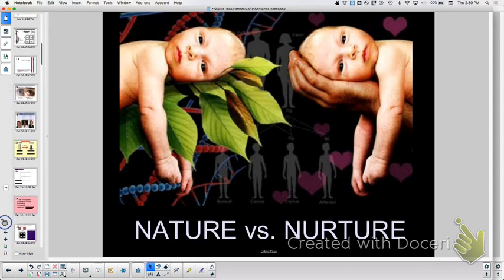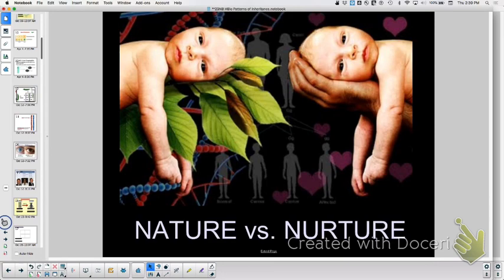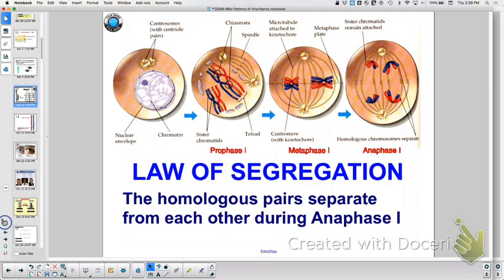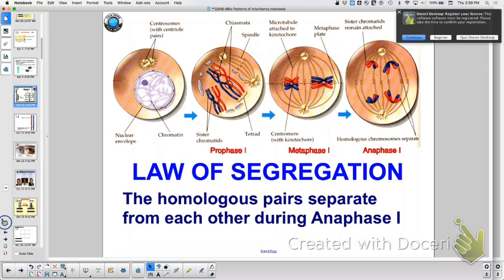Now, the law of segregation says that when you have a homologous pair of chromosomes, they will segregate during meiosis 1. You'll separate the homologous pairs. And then in meiosis 2, you will separate the sister chromatids. Perfect.